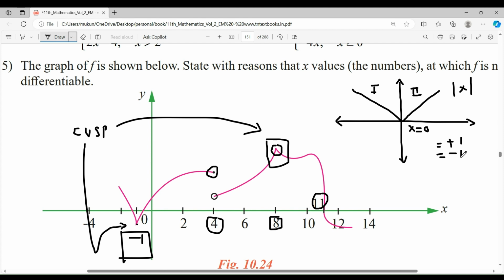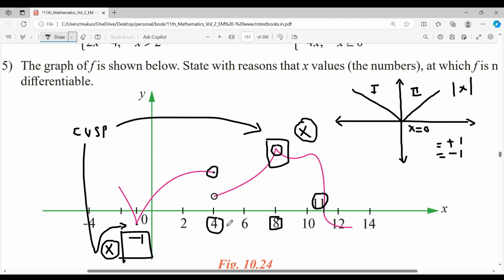So that is what happens in the case of a cusp. And in the case of a corner, your left hand and right hand derivatives are finite numbers, right? Like we saw here in the case of mod x, right? Where your left hand and right hand derivatives are finite numbers. So with this, we know that -1 and 8, 2 points, are not differentiable, right? So let's move to the next point now.